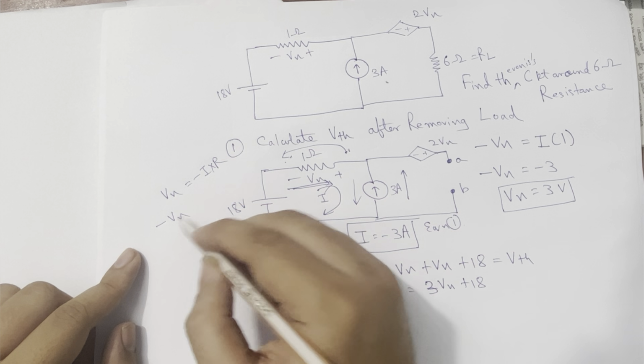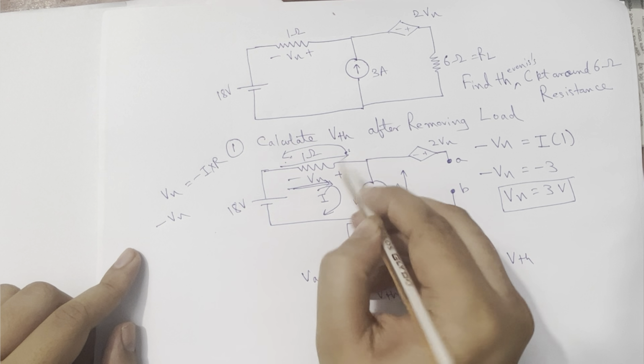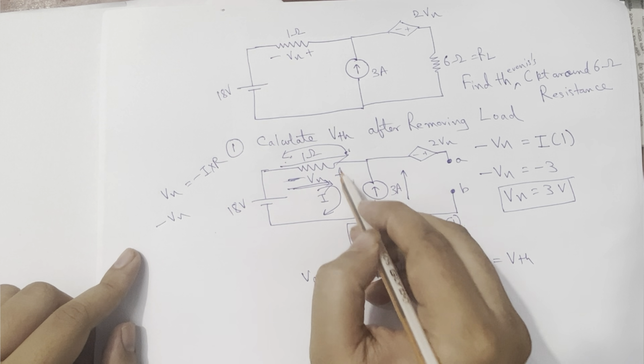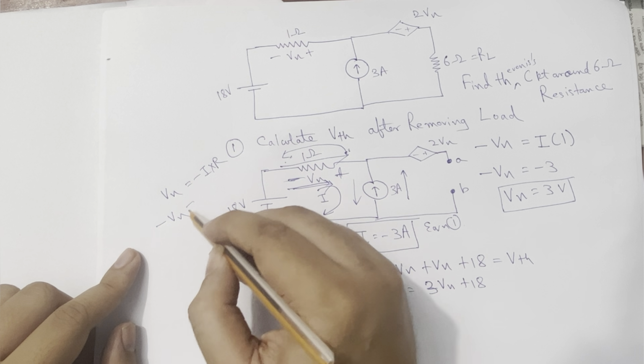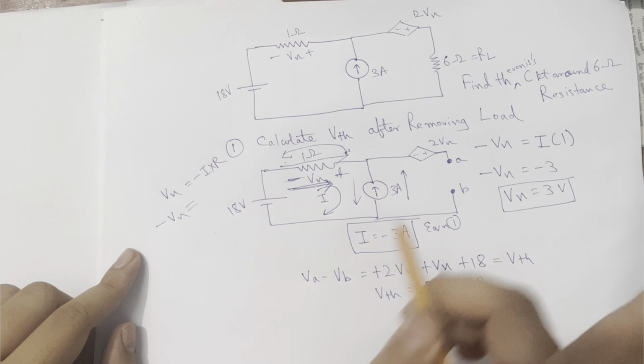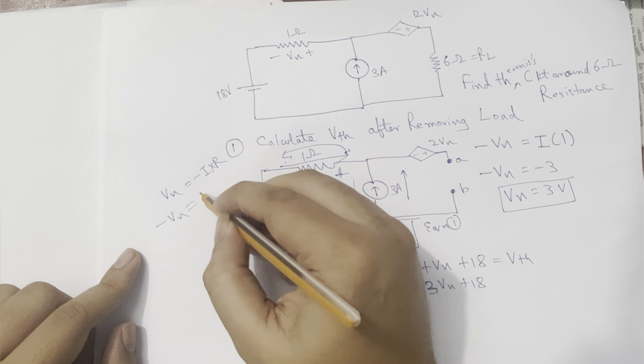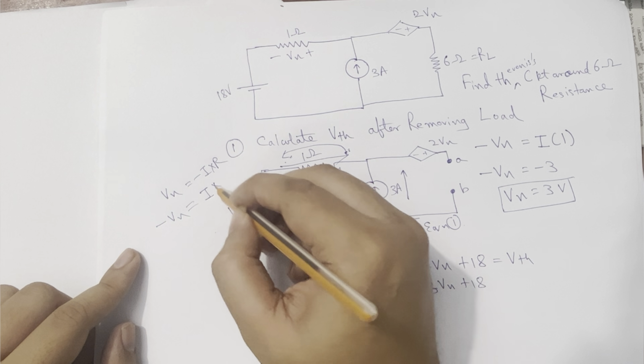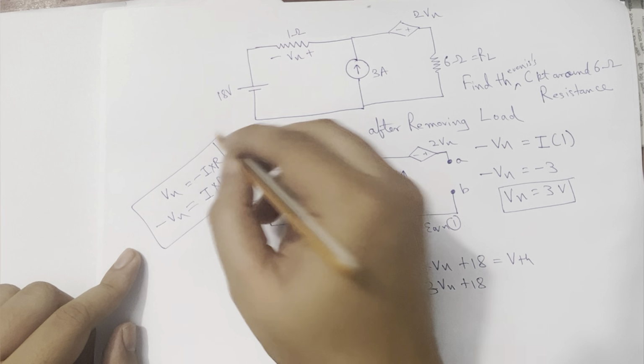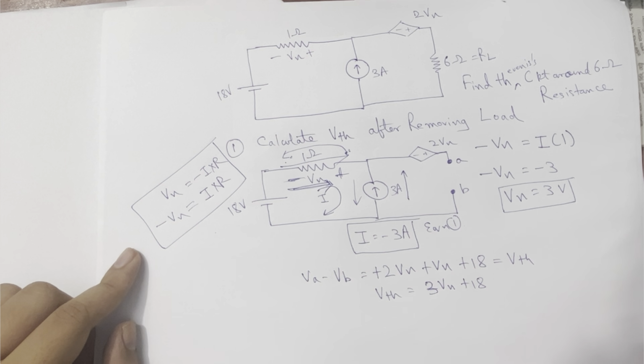But when I'm coming from this side to this side, I encounter the minus sign first, so minus of Vx, but the current direction is correct, because I am going in the same current direction, so that will be equal to I into R. So the sign convention is very, very important.